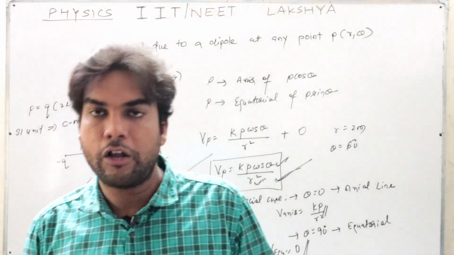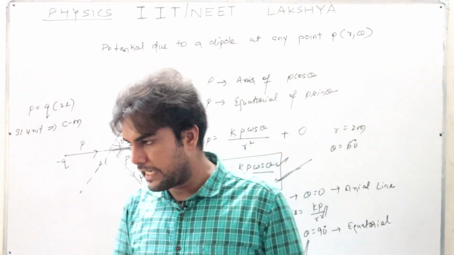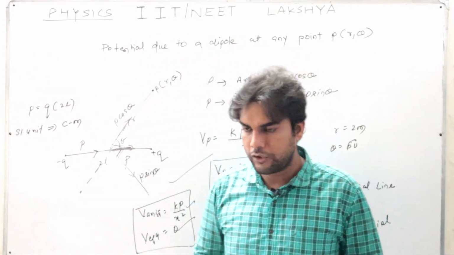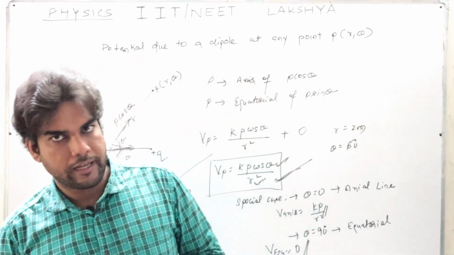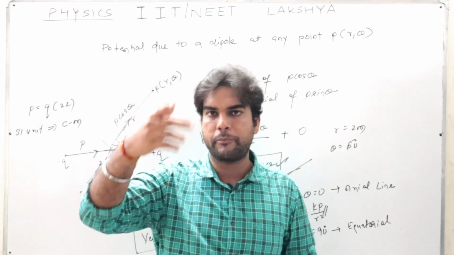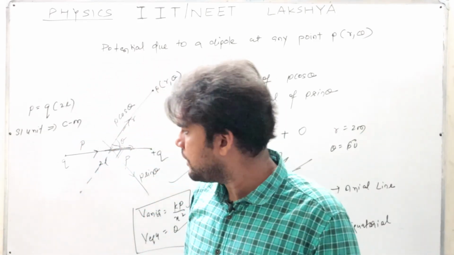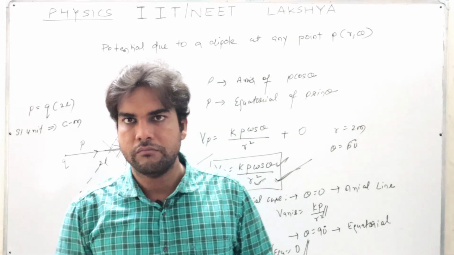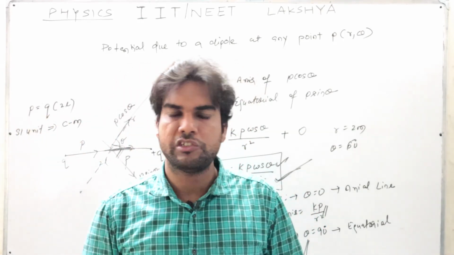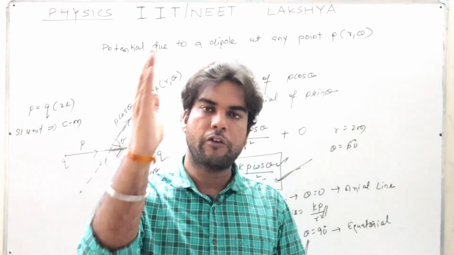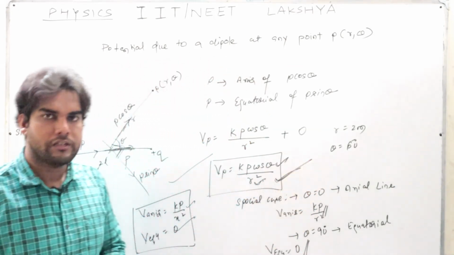So that is all about potential due to a ring and potential due to a dipole. On the axis of the ring, the formula you know is kq upon under root r square plus x square. At the center of the ring, it is kq by r. The entire ring behaves like a point charge, because for a point charge also the formula is kq by r. Then we have seen due to a dipole, axial position kp by x square, equatorial position 0, the concept of equipotential surface, and at any point r comma theta.